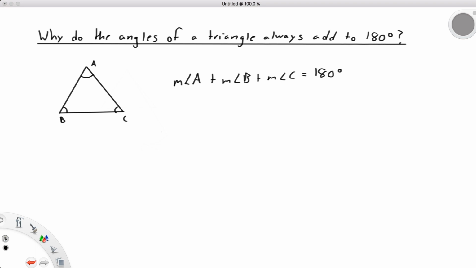But part of me also wonders, at that point at least, well, what if our measurements were just the teeniest bit off? And rather than all of them being 180 degrees, what if one was like 179.999? It's so close to 180 degrees that we can't even really detect it with a protractor.